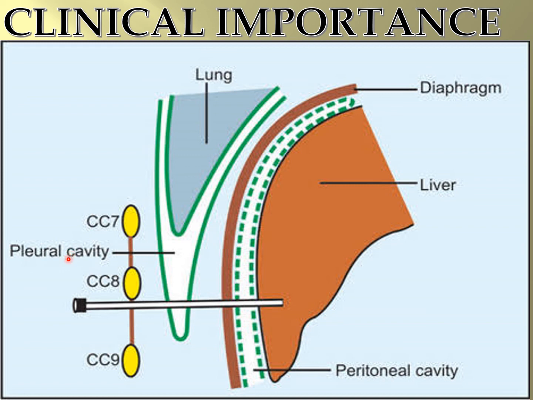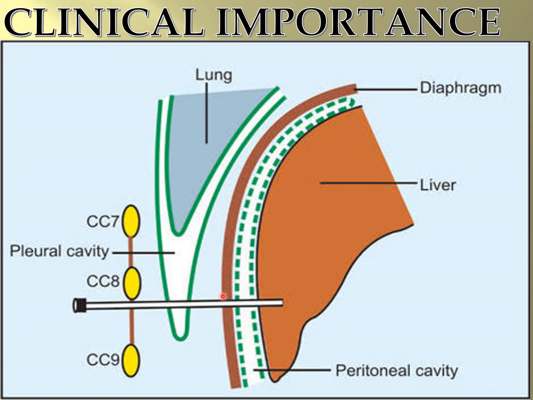Point number 2 is that during liver biopsy, if some conditions arise where you have to take the liver biopsy, then you shouldn't insert the needle in such a way that it will cause harm to the lungs or to the pleura. So you have to insert it like this, where the liver needle biopsy is passed through the right 8th intercostal space.